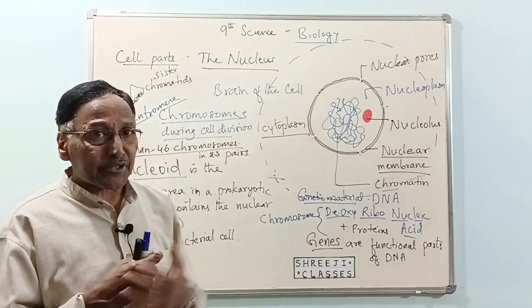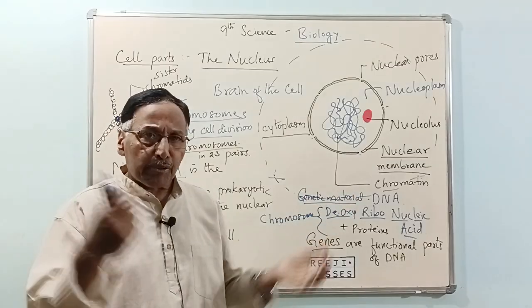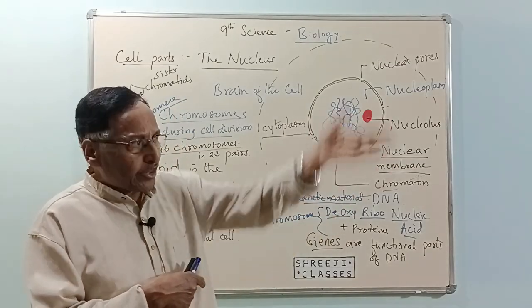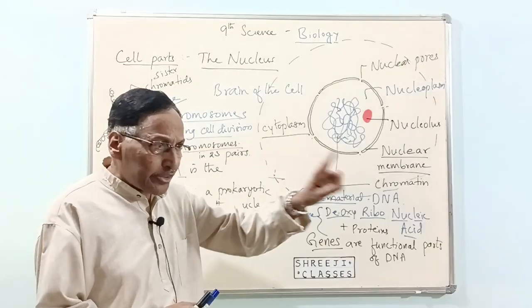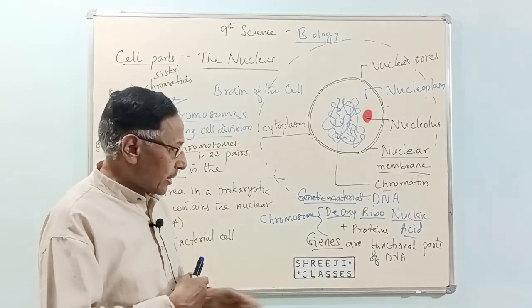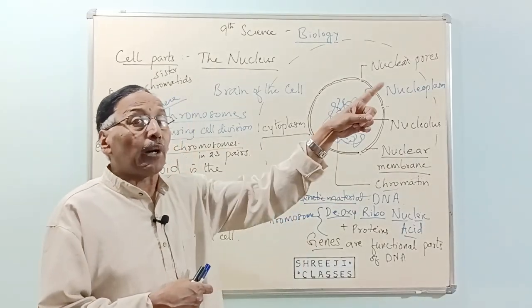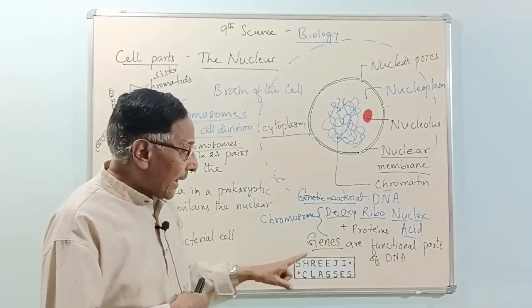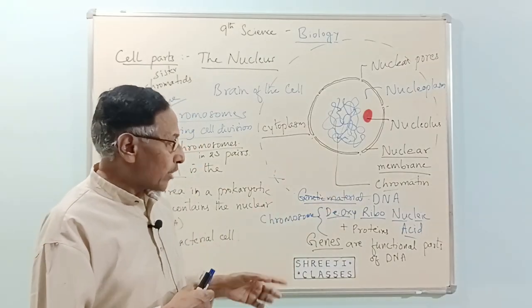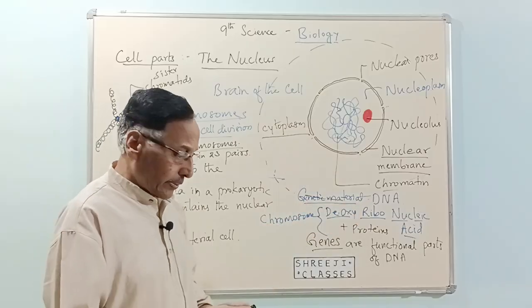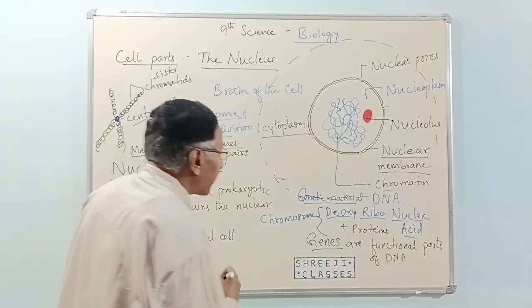Genes carry the characters. Many times we use the term, he has carried the genes from his father, he has carried the genes from his grandfather. Because genes transfer the characters from one generation to another generation. That's why they are called hereditary characters or genetic characters.